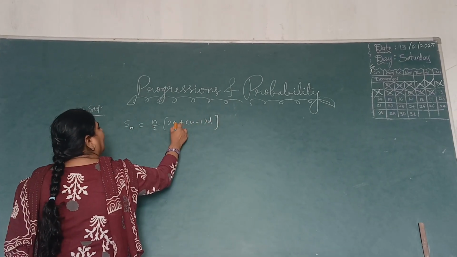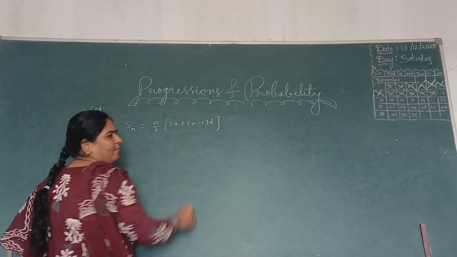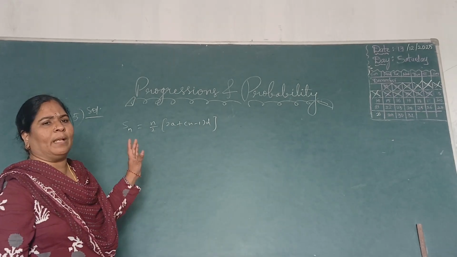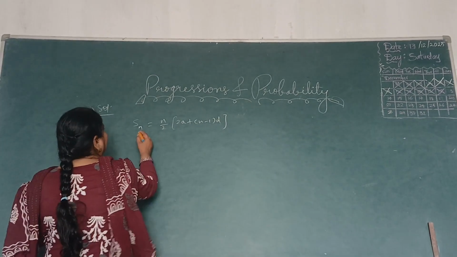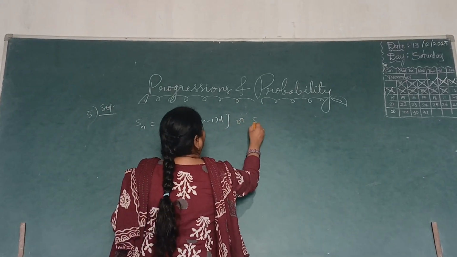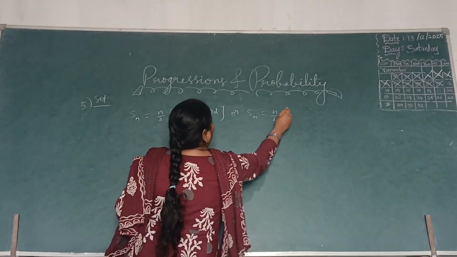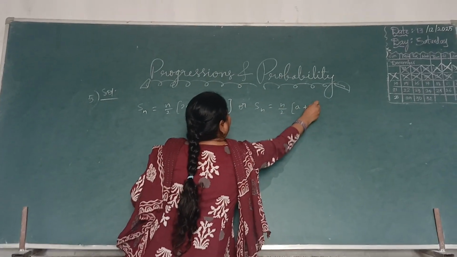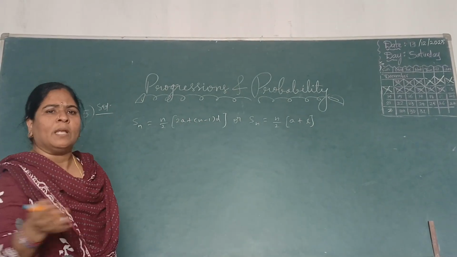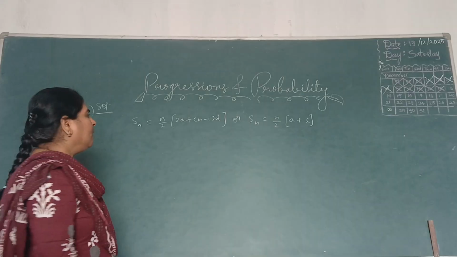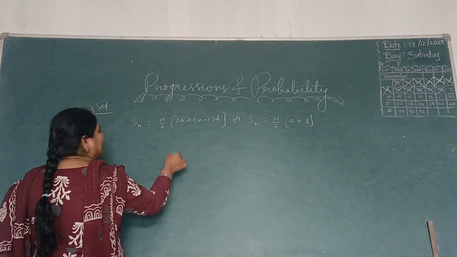When a and d are given, that is first term and common difference are given, this is the formula. And number of terms also we have to know here. Or one more formula is n by 2 of a plus l. That is, if first term and last term of an AP are given, we can find out easily. So we have to describe them now.